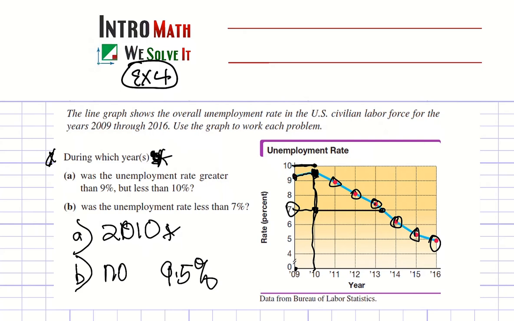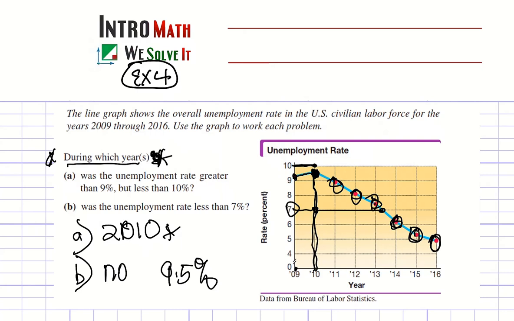We're talking about 2010 is greater than 7%. Because they're talking about during which years, right? So over here is less, less, less. All right, but over here greater than 7%. Okay, so the question is kind of a little bit confusing, man.